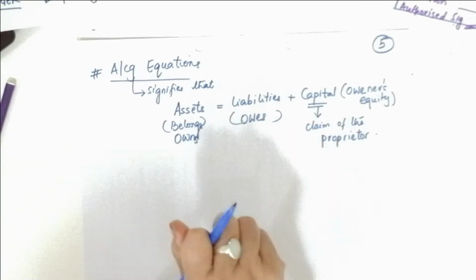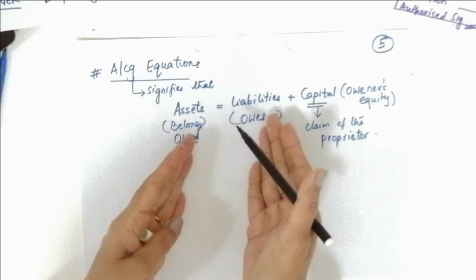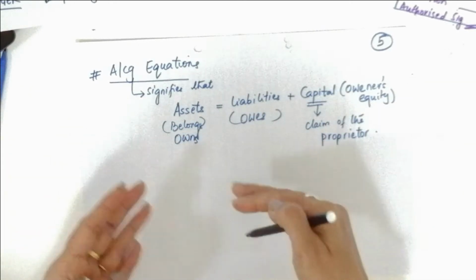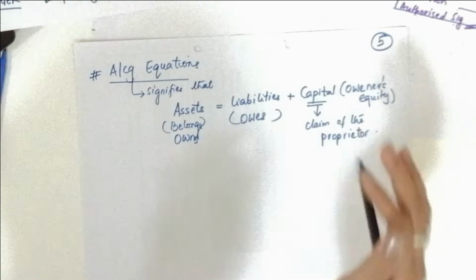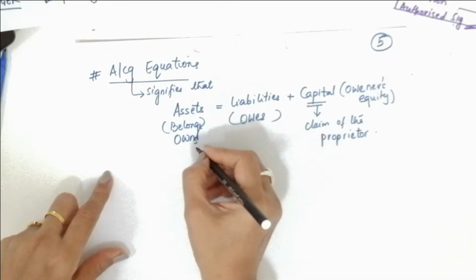Alright? Now, there are certain equations which you need to understand. Usually assets, liabilities, capital are reflected in the balance sheet, which you will learn in detail later. Balance sheet is what? I will explain that, okay? Before that, let me finish this equation.